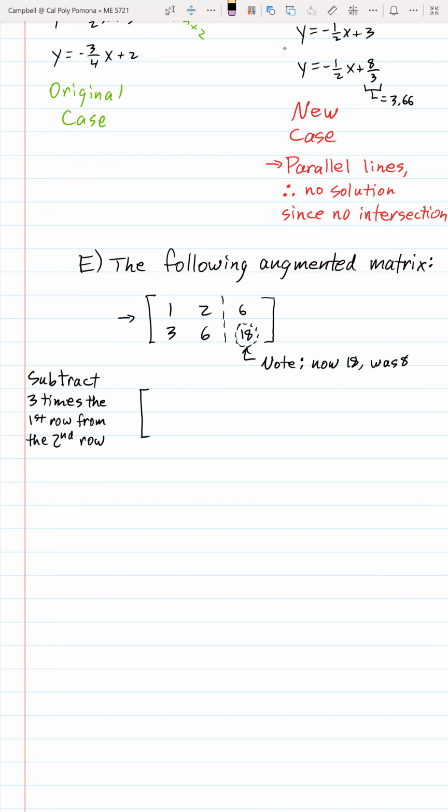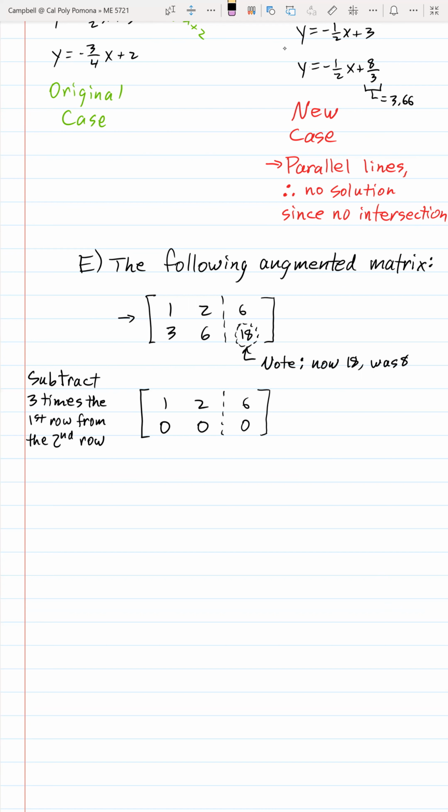And when I do that, clearly we take -3 times 1 gives me -3, add that onto 3, that's 0. -3 times 2 gives me -6, add that onto 6, I get 0. -3 times 6 gives me -18, add that onto 18, I get 0. So clearly we end up with now an entire row of zeros.